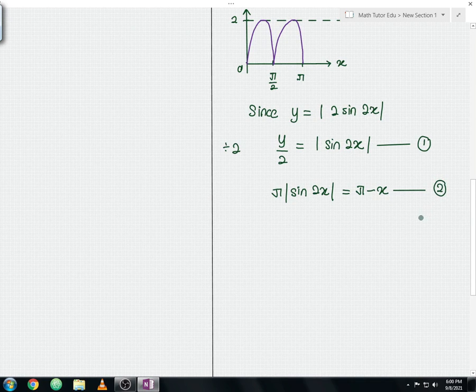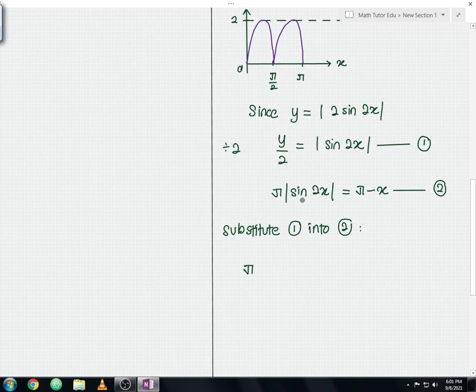So for the next step, what you're going to do is we're going to substitute equation 1 into equation 2. Okay. Let us continue. So from here, you should get pi.